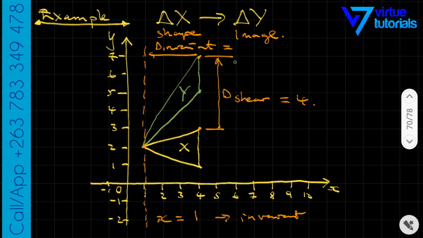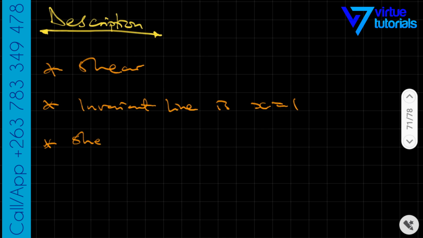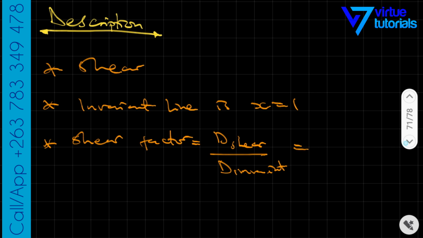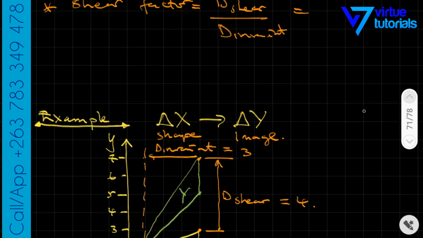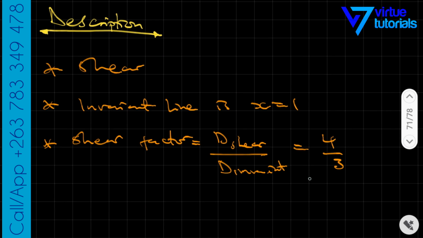It's from 4 to 1, so it's 3 units. So our shear factor is always distance of shear divided by distance to invariant line, which is going to be, in this case, 4 over 3. So that's it. You have a shear with the invariant line as x is equal to 1, and the shear factor is equal to 4 over 3.